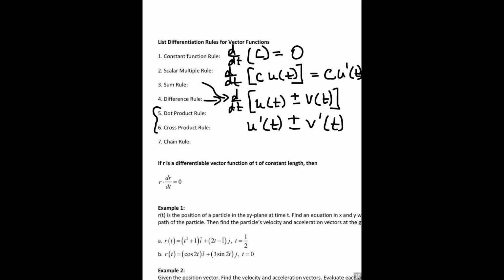Okay, so for the dot product, and because I'm running out of space, let me switch slides real quick.